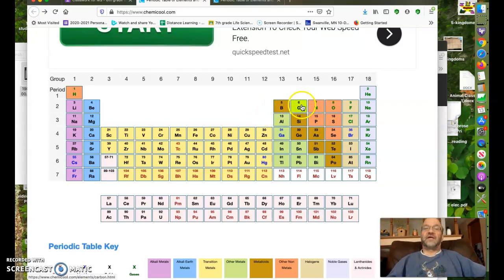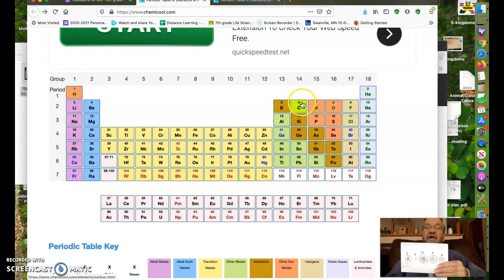Where's that carbon? Right here. Okay, so I looked here, and I saw that carbon has 6 protons, and the number of protons equals the number of electrons. And so that's where I found these. And this is where I found the symbol: C for carbon, S for sulfur, Cl for chlorine, H for hydrogen, and so on.